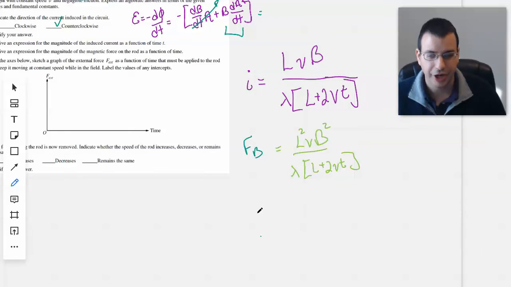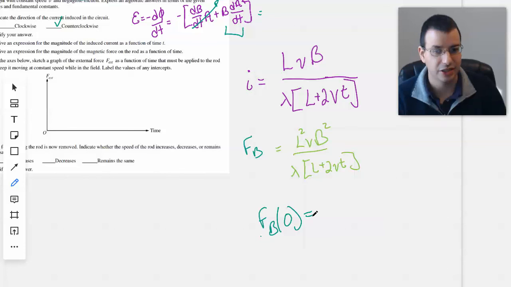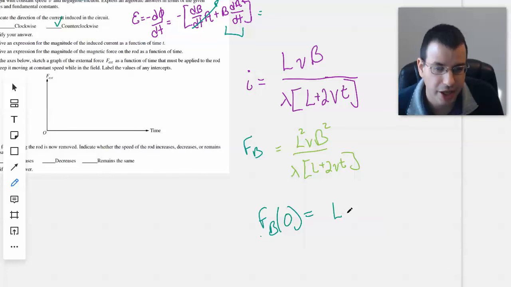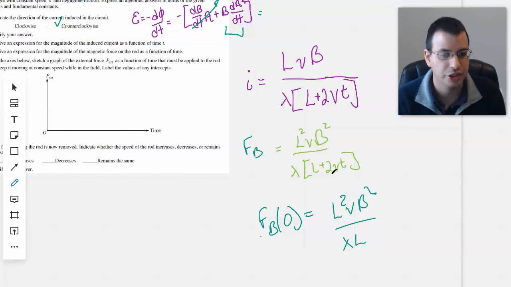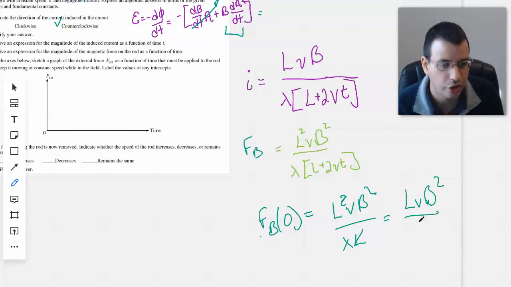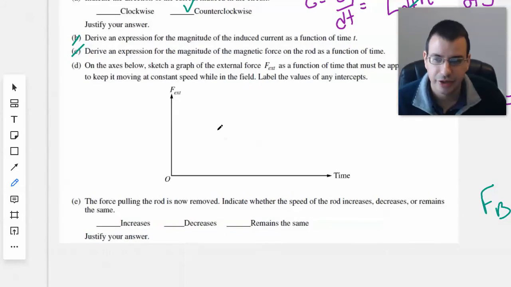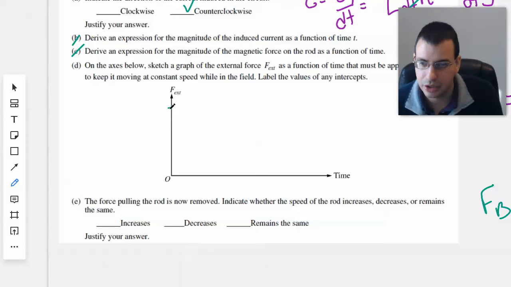But we're also going to find F_B of 0, where 0 is for the t, and that's just going to be L squared v B squared over lambda L, because the 2vt goes to 0, one of the L's cancels, or L v B squared over lambda. So what we're going to have then is something that looks like this.